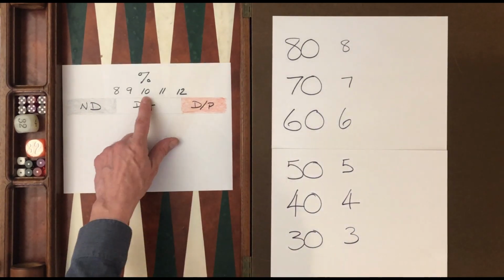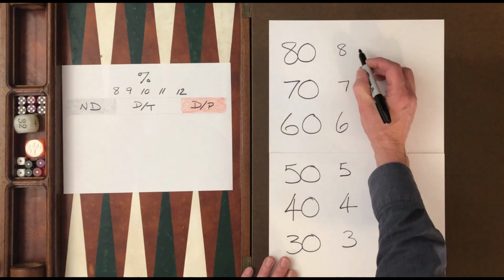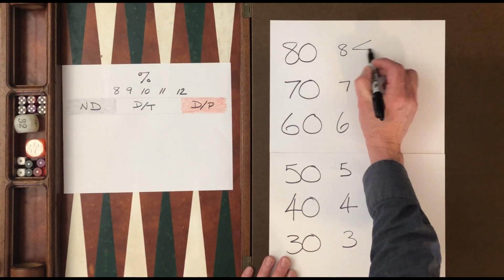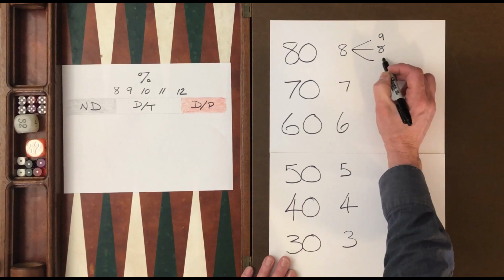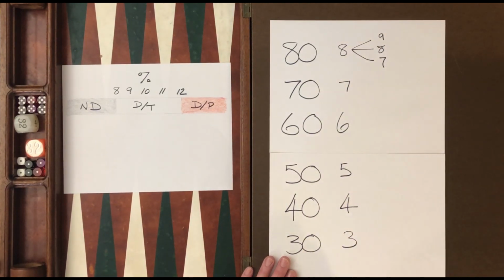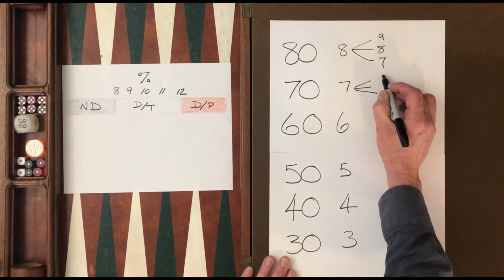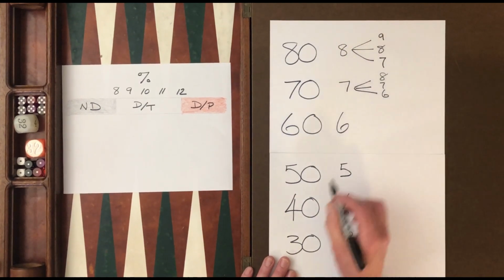Now that number is our 10%. It's right in the middle. So we're just going to go above and below it to get our other 2 numbers. So when our pip count is near 80, our 3 numbers are going to be the number 1 above, 1 below. And you can already see where this is going. Our numbers for 70 will be 8, 7, 6.